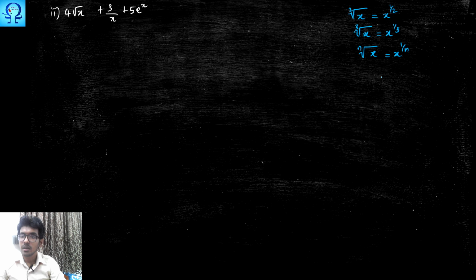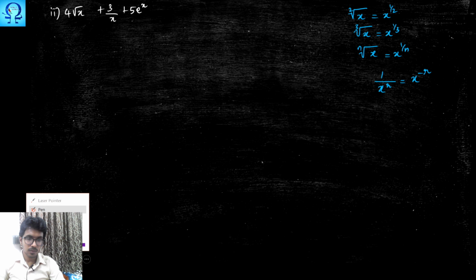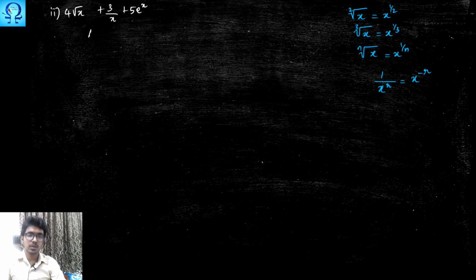Okay, and if you have 1 upon x power r, this may be written as x power minus r. So having this in mind, we are going to work out this problem. Let us take y to be the given function 4 under root x plus 3 upon x plus 5 e power x.